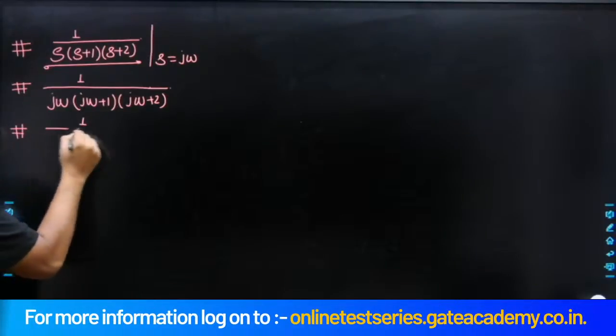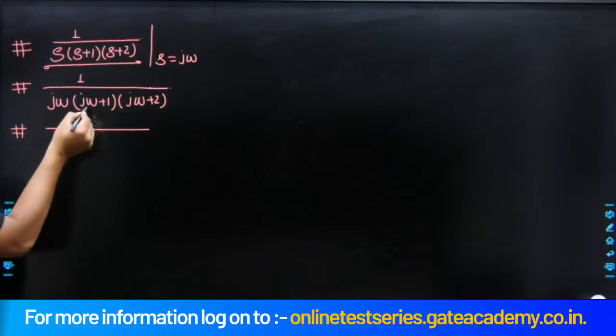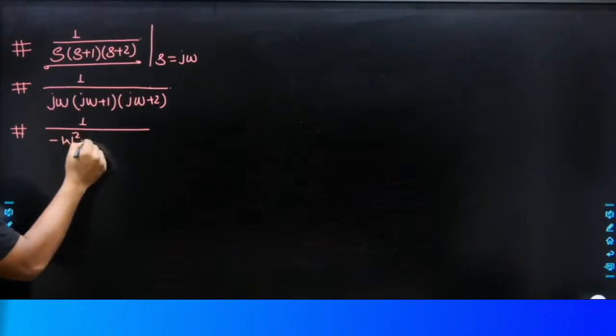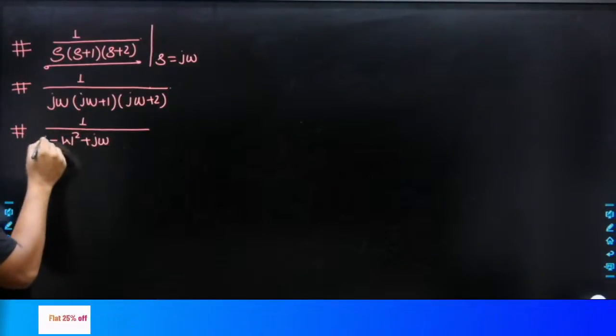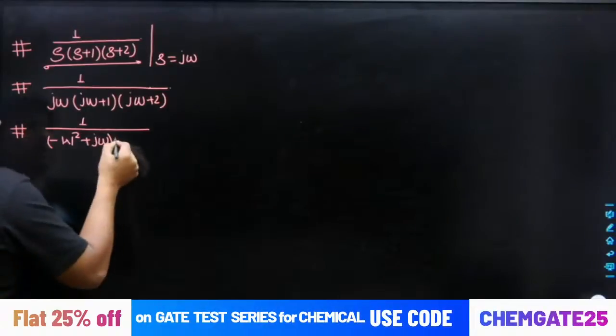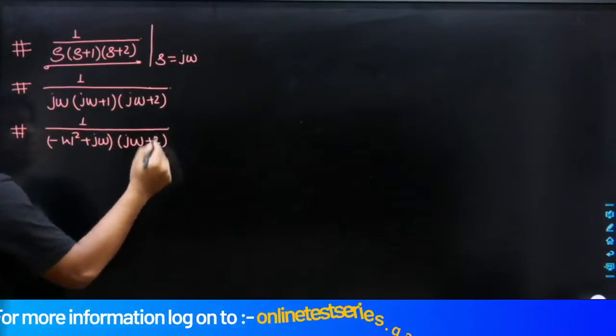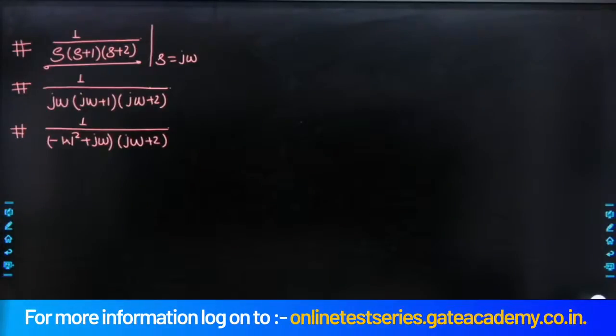Once the multiplication starts taking place, j omega gets multiplied with j omega, the resultant is simply going to be minus omega square, and here it had been j omega. And now the same thing takes place, and it had been j omega plus 2. Again the multiplication would take place.